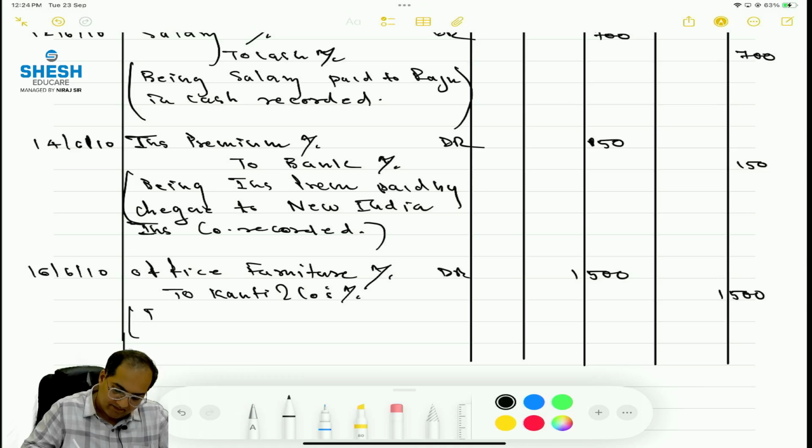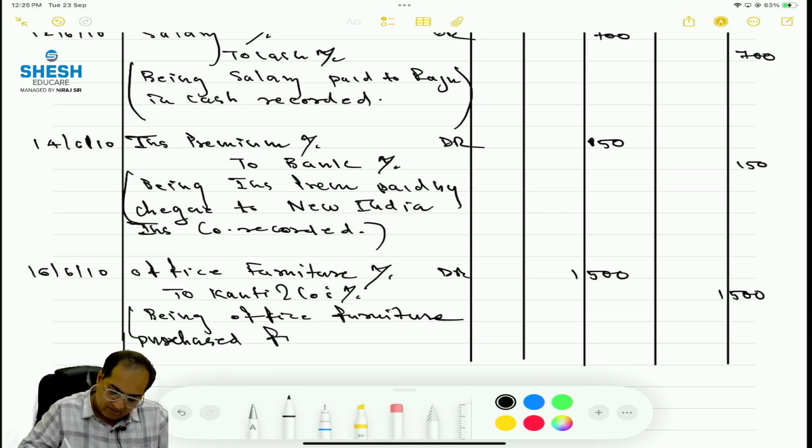Being office furniture purchased from Kanti and Company on credit. Recorded.